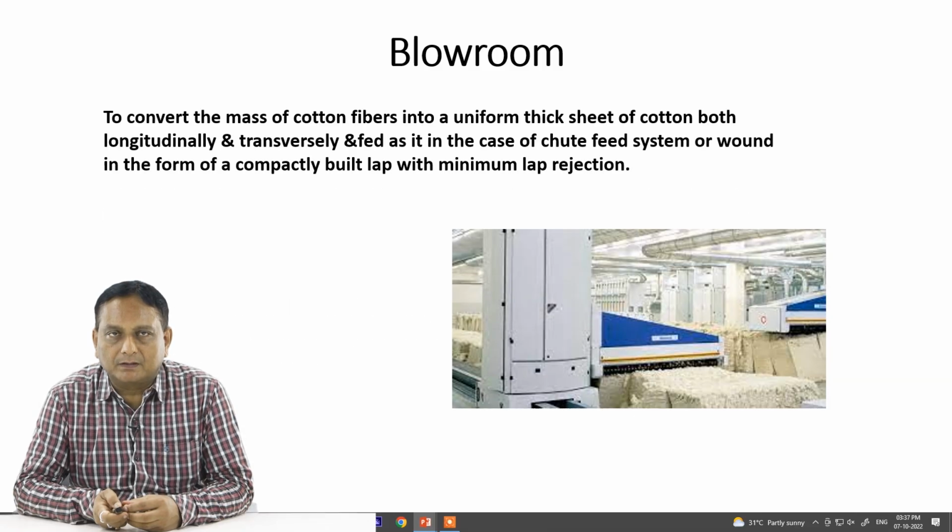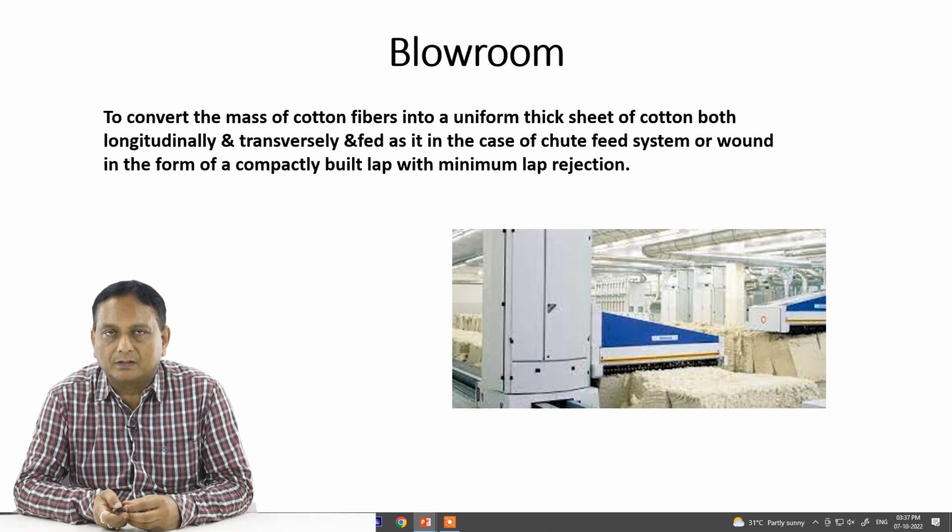Now you can see how the conversion takes place in the blow room: to convert the mass of cotton fibers into a uniform thick sheet of cotton, both longitudinally and transversely, and fed as it is in the case of a chute feed system, or wound in the form of a completely built-up lap with minimum lap rejections.